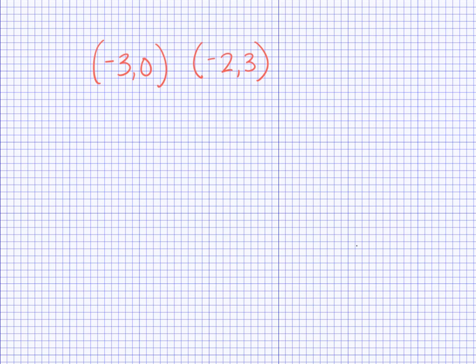Okay, so it's been a little while since we've found the slope between 2 points when you don't have a graph. So keep in mind, it's the change in y values over the change in x values. So I can write an equation in point slope form, I just have to figure out the slope first. So let's go ahead and do that.